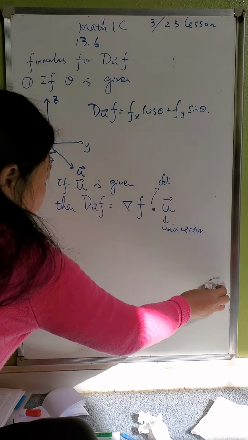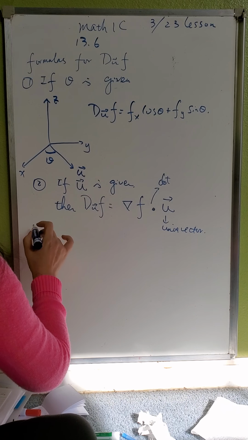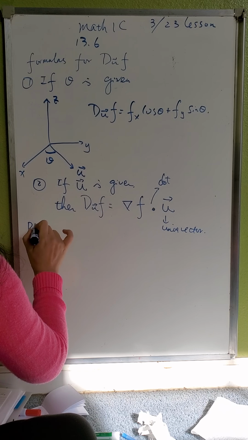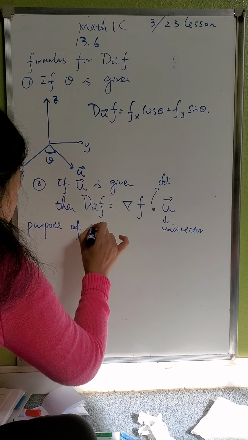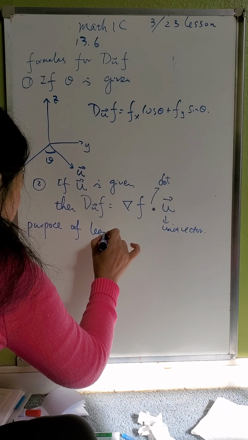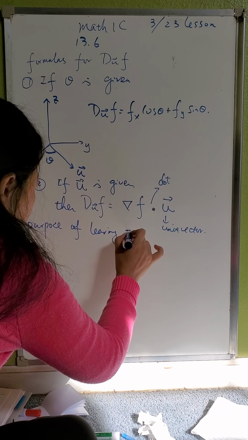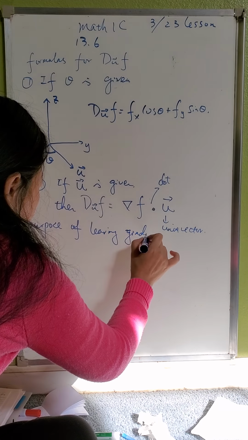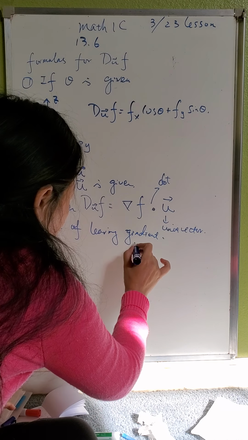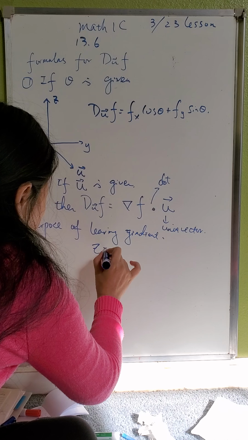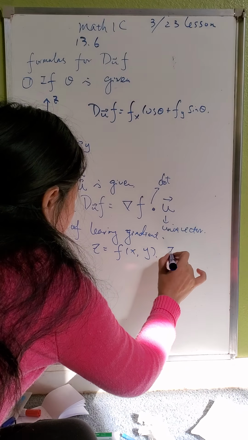But the purpose of a gradient, okay, learning gradient. Let's say I put this function as z equals f(x, y), so the gradient is del f.